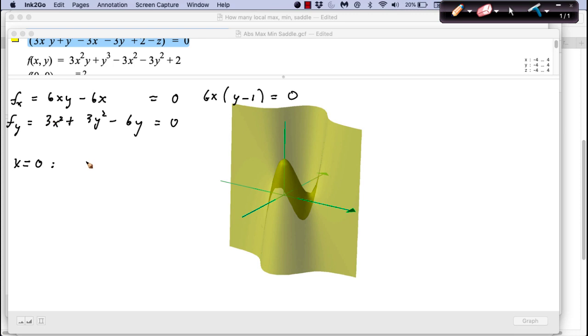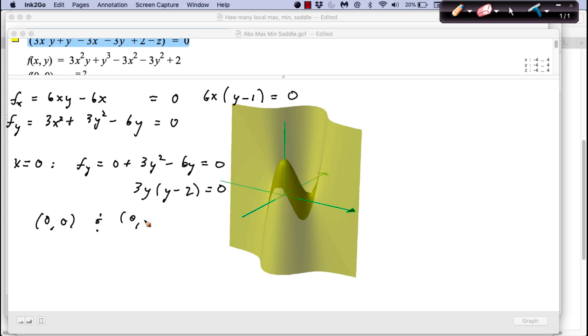So when x equals 0, f sub y equals 0 plus 3y squared minus 6y, which gives 2 possibilities: y could be 0, y could be 2. With x equals 0, those two ordered pairs, (0, 0) and (0, 2), will make both equations 0. Does that make sense? Okay, and then from the first equation, y could be 1.